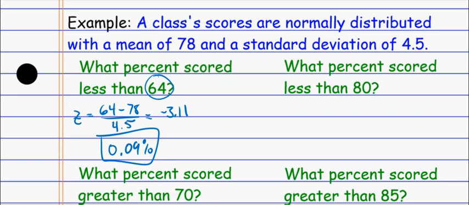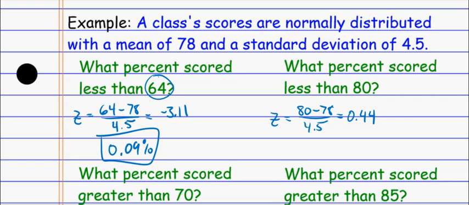Same thing with the next one. If I were to convert this 80 to a z-score, once again, z equals the data value minus the mean divided by the standard deviation. And again, that's a job for my calculator. So I get 0.44, again to 2 decimal places. And again, I'm going to look this up on my z-chart.